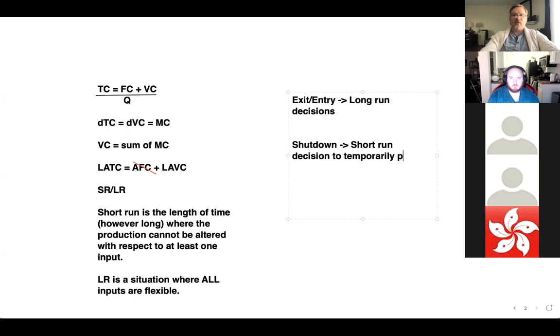temporarily produce nothing. So that's Q equal to 0. And a lot of people have a hard time thinking of when a business shuts down, producing 0 temporarily, and why they are doing it. But I think we've already talked about it in a really intuitive way, and that is, it's the same reason that Target isn't open at 3 o'clock in the morning, right?